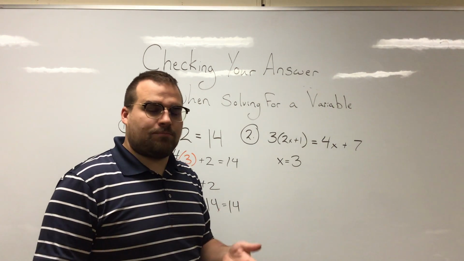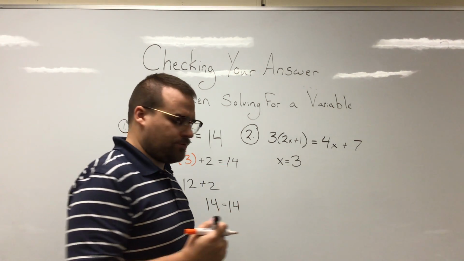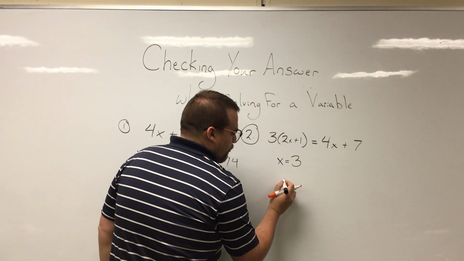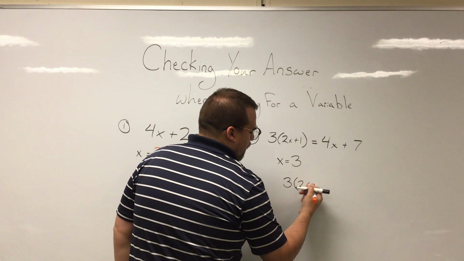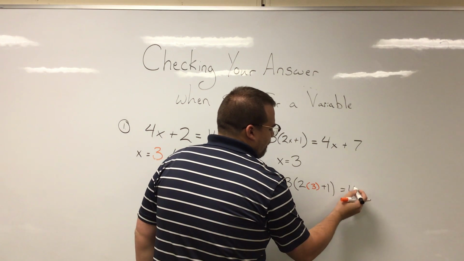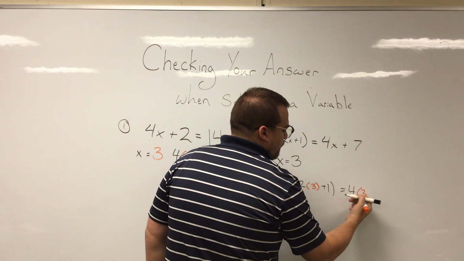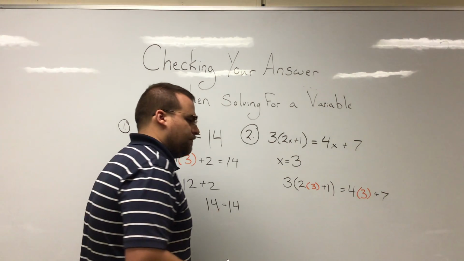We want to substitute in 3 for our x values. So 3 times (2 times 3 plus 1) equals 4, and we substitute this in on both sides. So times 3 plus 7.